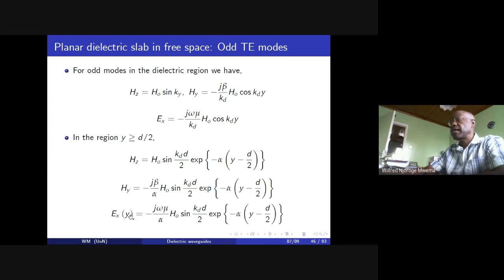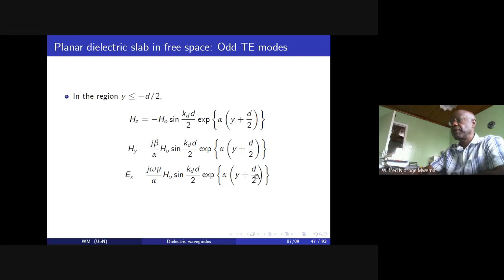And therefore we see that outside the dielectric, the fields are decaying, and these, you remember, are what we call the evanescent waves that we were talking about last time. And in the region y less than minus d by 2, the expressions are the same, and we replace those by the alpha positive values because y is negative.